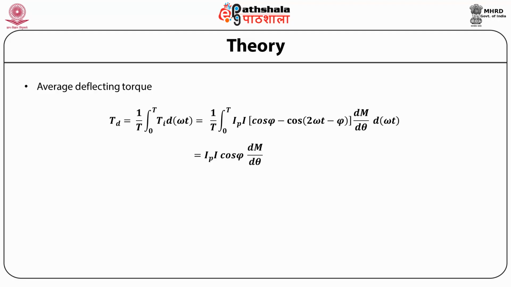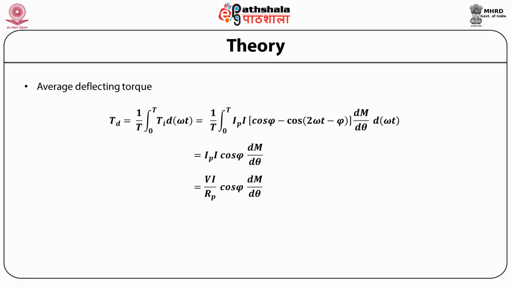Thus, the final term for the average deflecting torque is given by VI/Rp cos φ multiplied by dM/dθ.